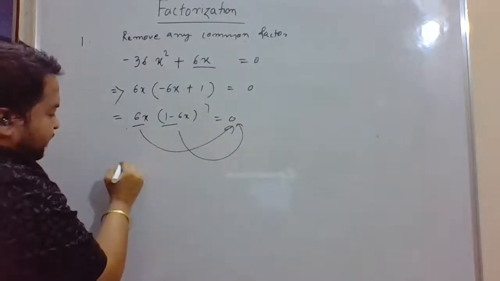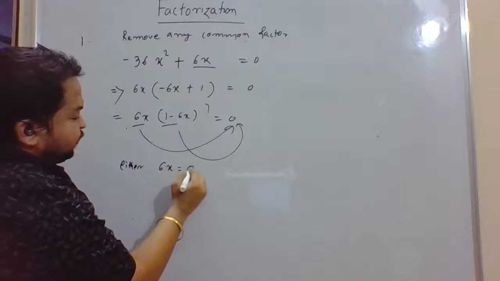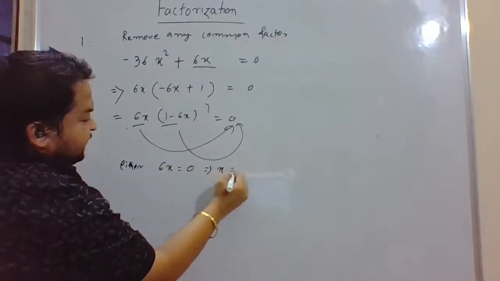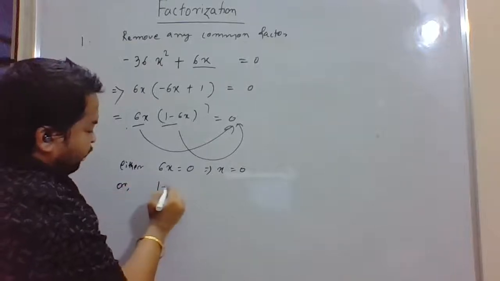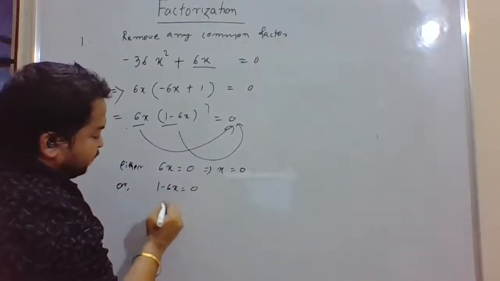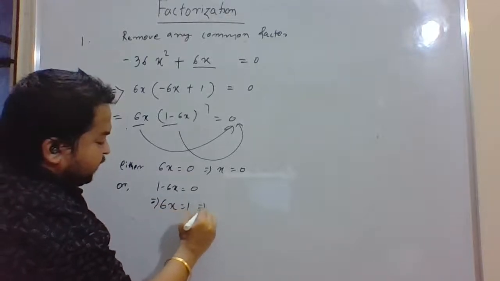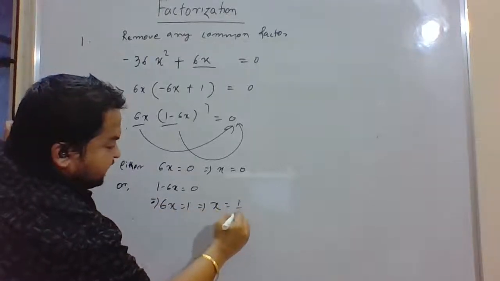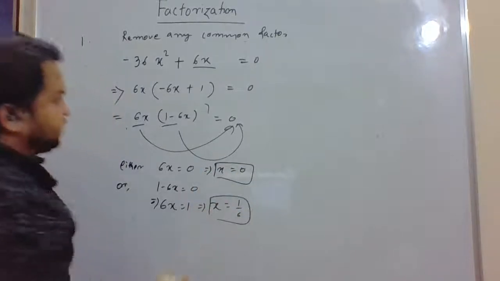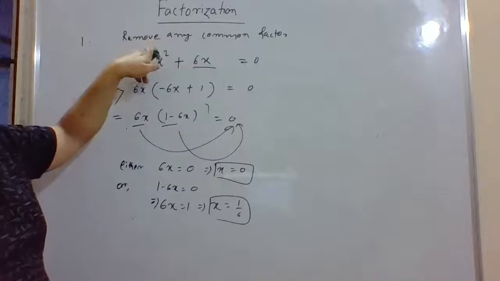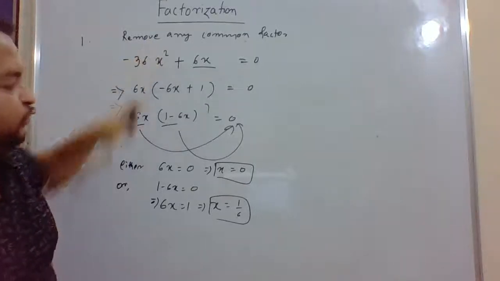So either 6x equal to 0, which means x equal to 0, or 1 minus 6x equal to 0, or 6x equal to 1, or x is 1 by 6. So two values: x equal to 0, x equal to 1 by 6, because the highest power of x is 2, or the degree of this equation is 2.